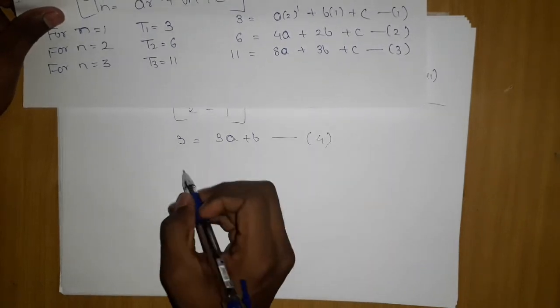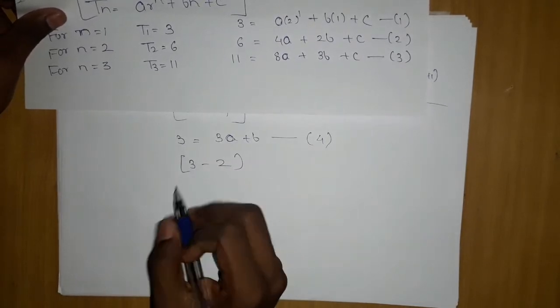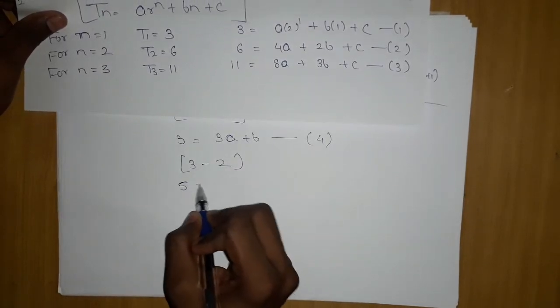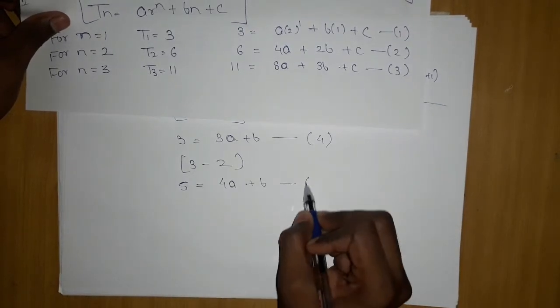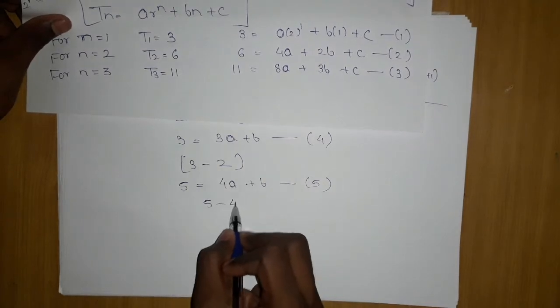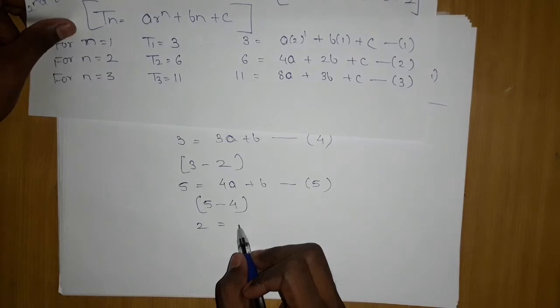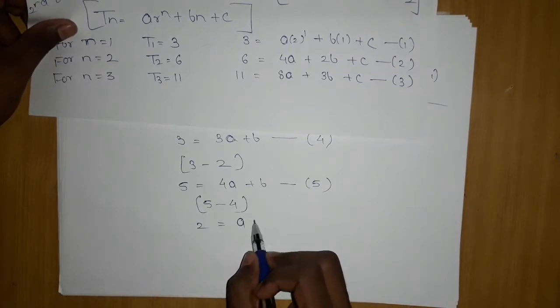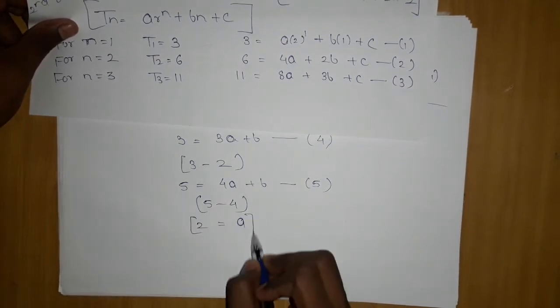Similarly, 3 minus 2 gives 5 = 4A + B. This is my fifth equation. Now 5 minus 4 gives 2 = A. So I got A equals 2.